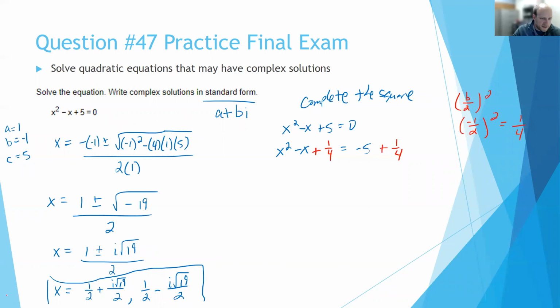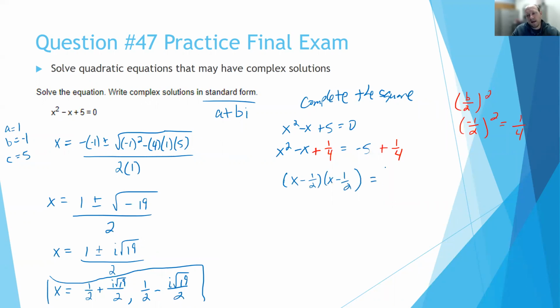So if you need some practice on that, go back and look at that. But you know, the 1/4 would be that b over 2 squared value. Now, I don't think I had any examples on when this value was a 1/4. Okay, but when we take this trinomial and we're trying to put it in a factored form, that would end up being x minus 1/2 times an x minus 1/2.